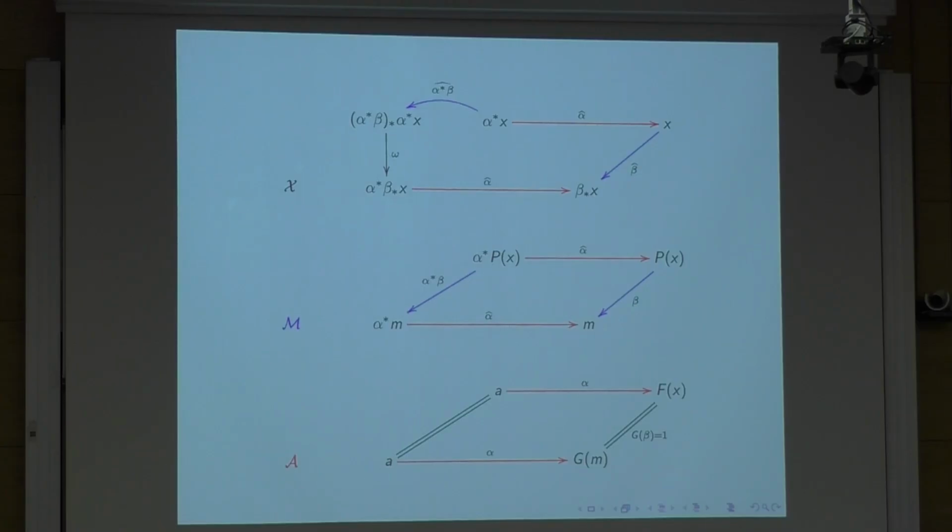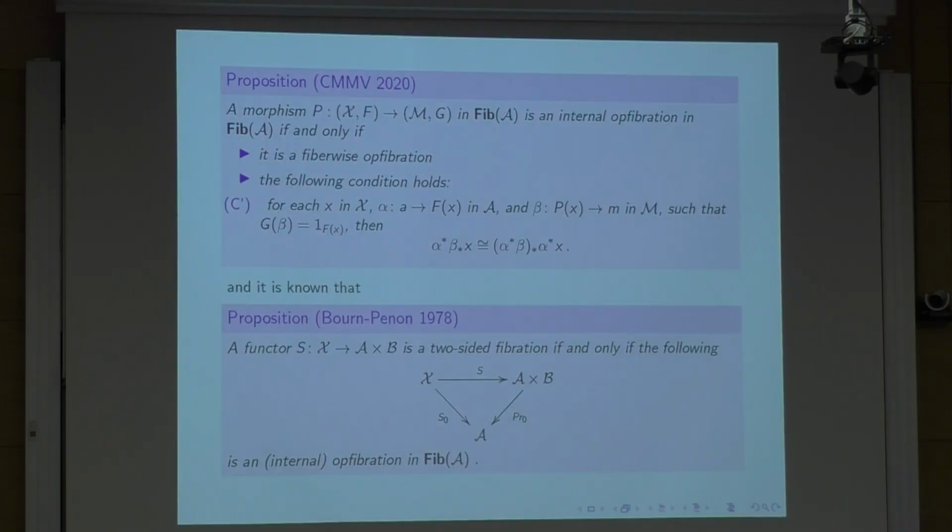The problem is that in that case you have to lift to the fibers in order to perform Cartesian lifting, and anyway you can find again an omega between two objects in the category X. This is a canonical arrow thanks to the universal properties of Cartesian liftings and co-Cartesian liftings, and then you ask for this omega to be an iso as before. This is the condition C prime. They are summarized here.